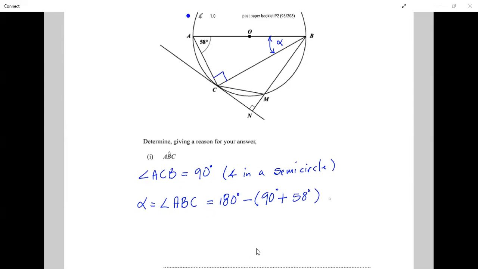And this is the interior angles in a triangle. So this would be 180 minus 148. So the angle here is 32 degrees.